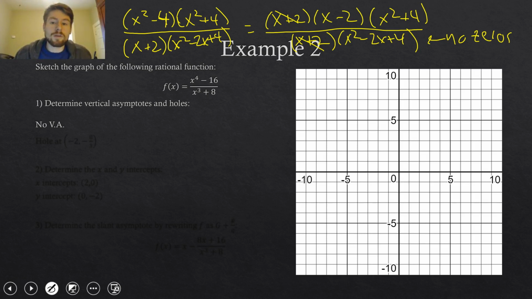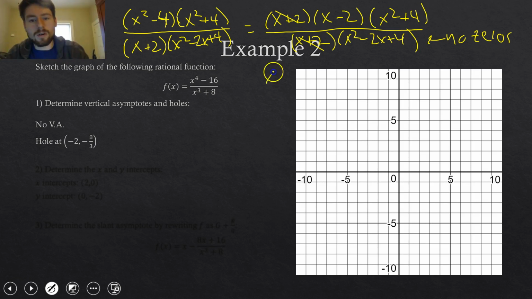So we're going to have no vertical asymptotes. We will have a hole, and the hole is going to be at negative 2, negative 8 over 3. So negative 2 we can see because that's the 0 of the common factor. Negative 8 over 3 is going to be from plugging negative 2 into the simplified version.